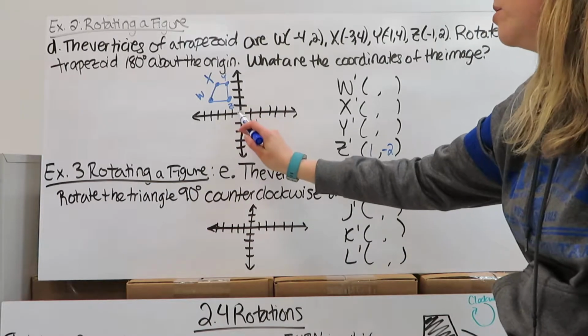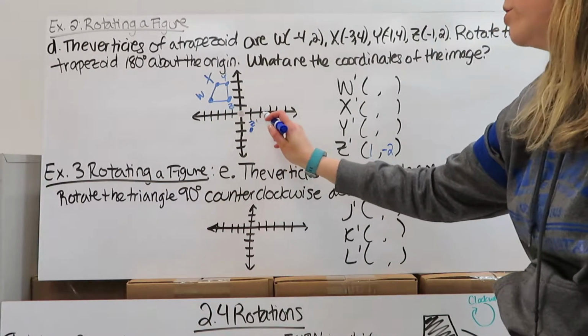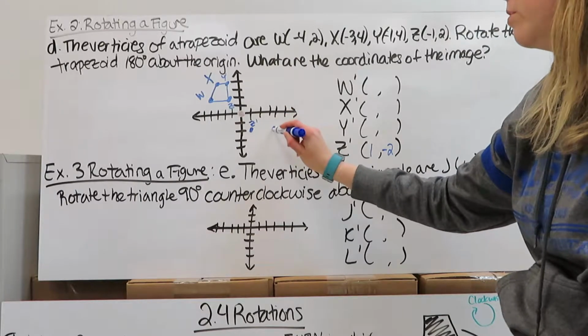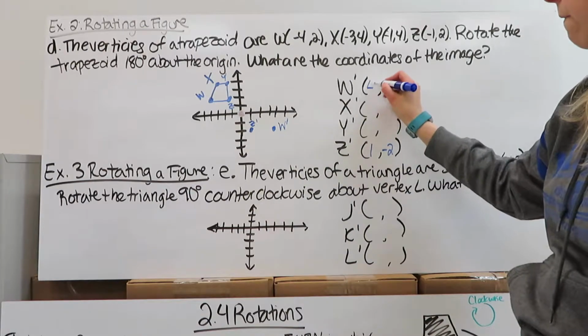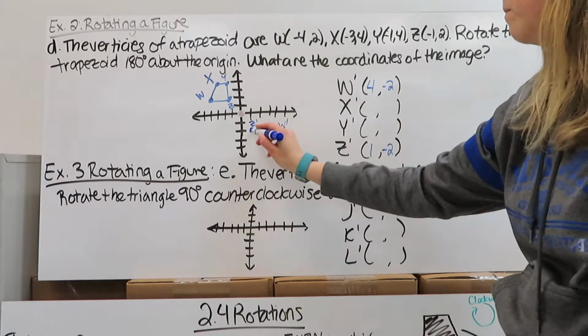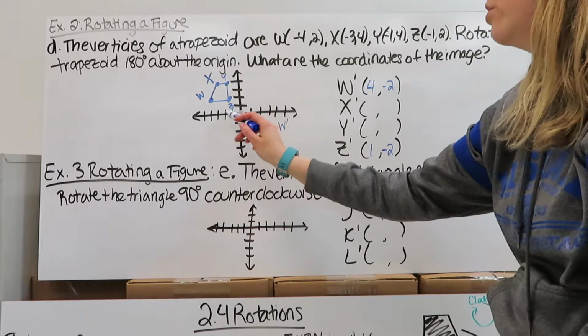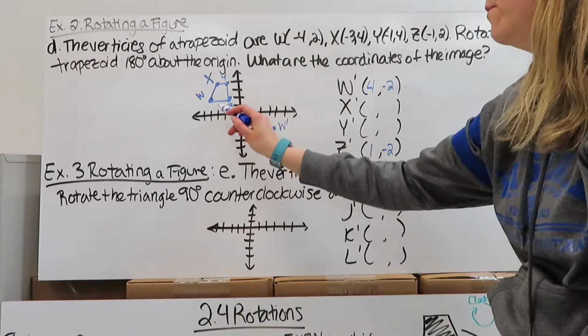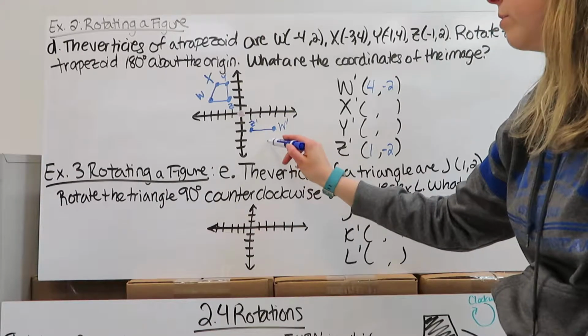All right, W, I'm going to go left 1, 2, 3, 4, up 2. So I'm going to go right 1, 2, 3, 4, down 2. So W prime is (4, -2). Then X, 1, 2, 3 to the left, 4 up, 3 to the right, 4 down.